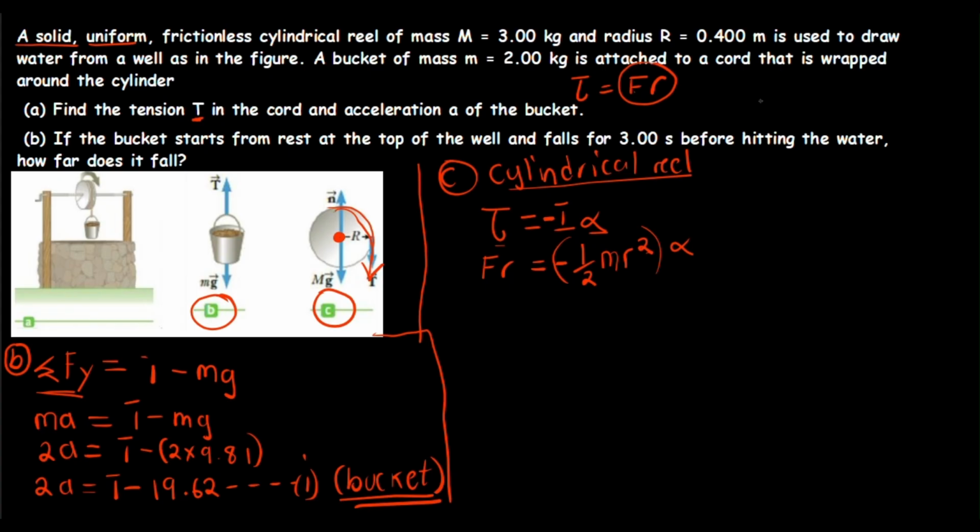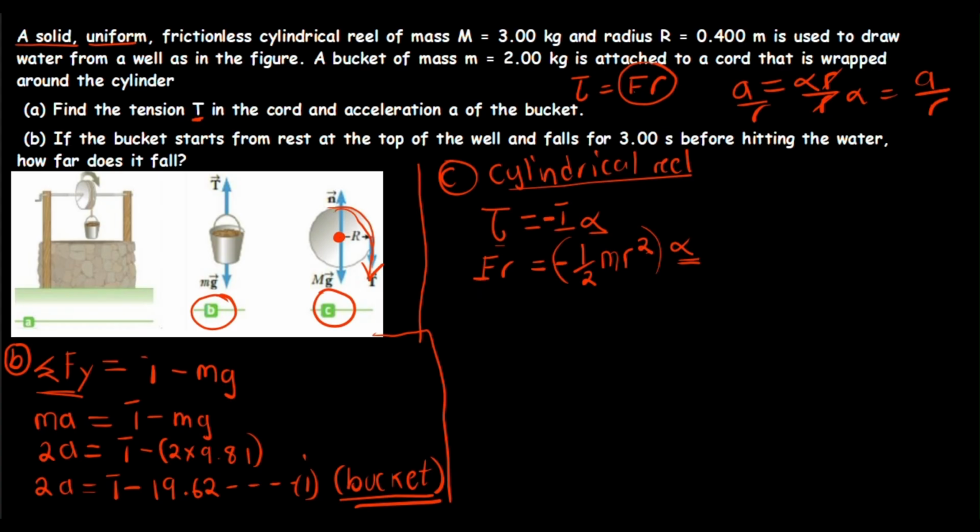Now let's go back a bit to rotational motion. Remember that acceleration is equal to angular acceleration times radius. Where there is angular acceleration here, I need to substitute, so I'll make that the subject of the formula: angular acceleration is equal to A over radius.